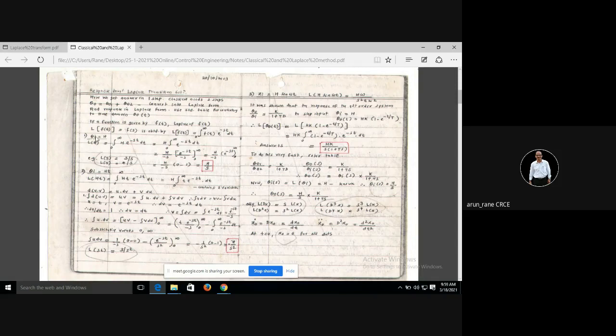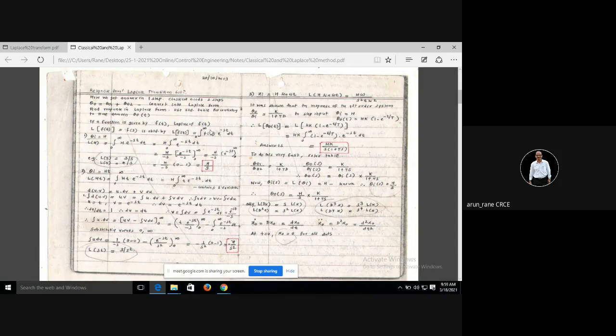Suppose my input is a step input, that is theta i is equal to h. So what will be Laplace of h? It will be the integral from 0 to infinity, by definition.